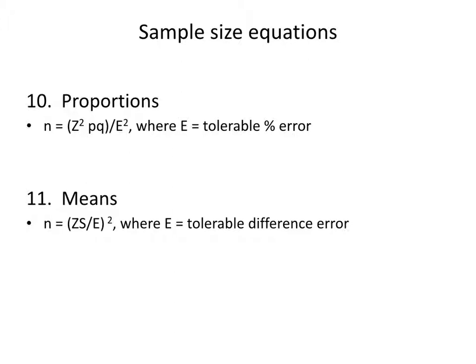So Z captures our certainty demands, S captures the population variance, and E captures the precision. So again, all three components in this expression for sample size calculation.